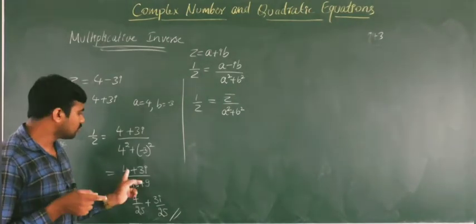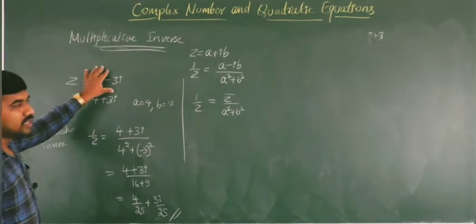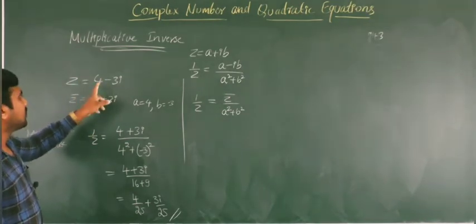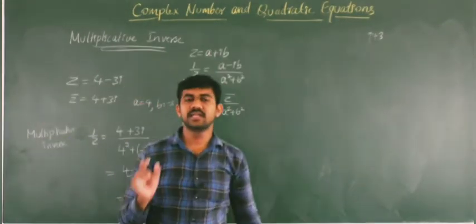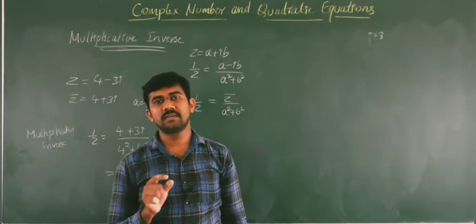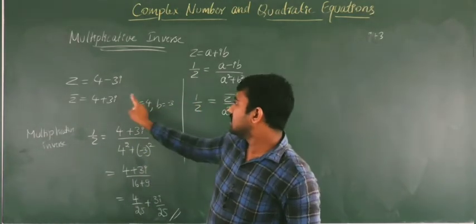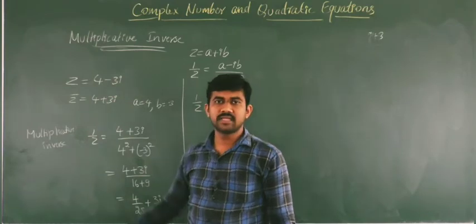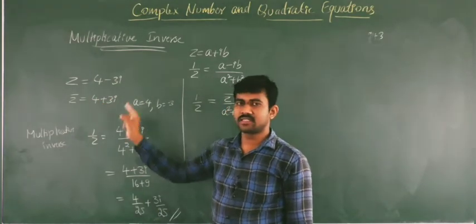It is common to both terms of the numerator. So understood how to solve the given complex number. We need to consider it as a plus ib always. Always you have to consider the given complex number in the form of a plus ib. Then we can identify the values of a and b. So a is nothing but 4, b is nothing but minus 3. And find the conjugate of that, we'll get 4 plus 3i.